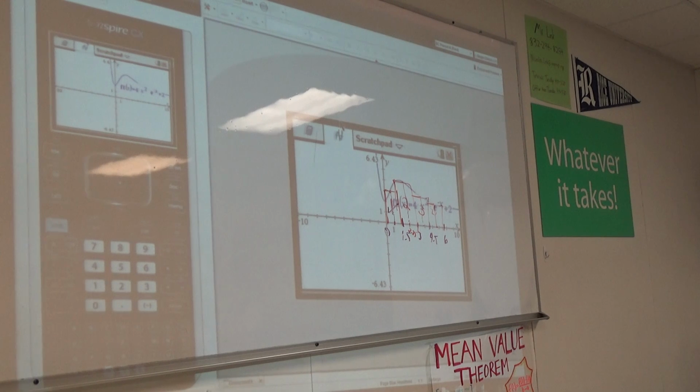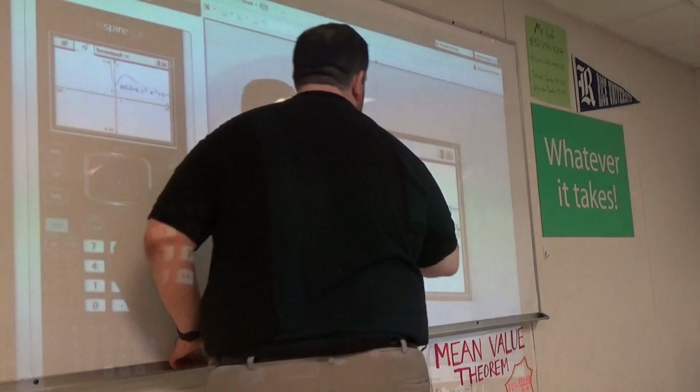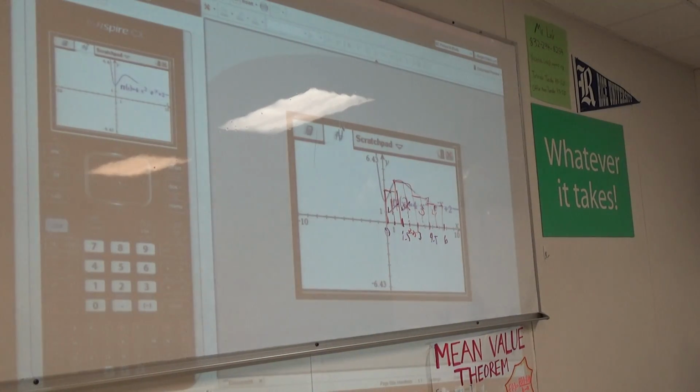F of 2.25. Jose, how do you feel about this third rectangle? Could you tell me how wide and how tall? 3.75. Wait, careful. What did you say? 1.5 times 3.75. Now I heard 1.5 times 3.75, but what you really mean is 1.5 times f of 3.75, because that's the height.